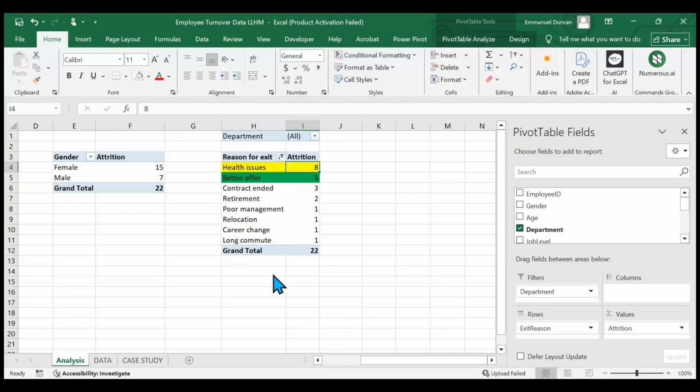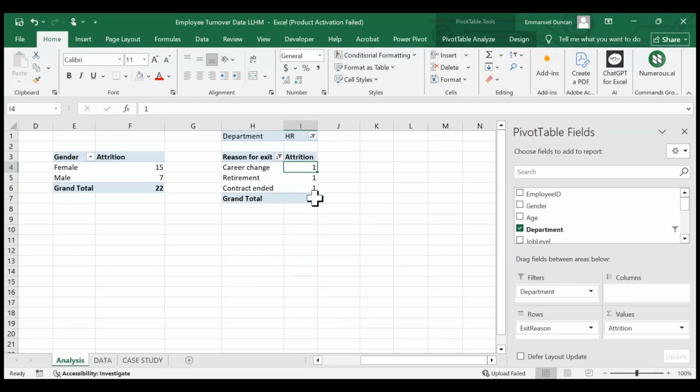Let us do it for HR. You realize that only a few people have left from the HR department, with different reasons: career change, retirement, and contract ended, one person each, which doesn't really call for any attention.